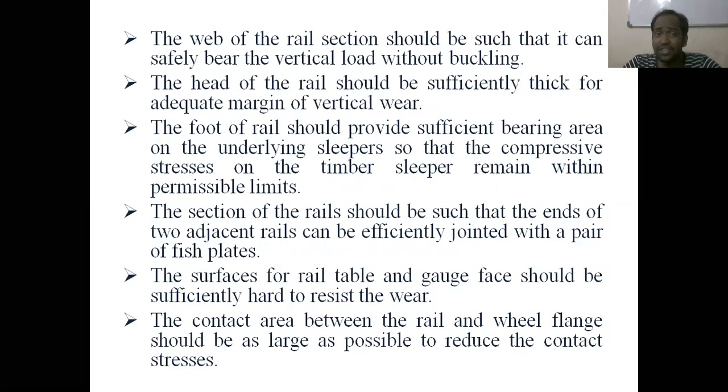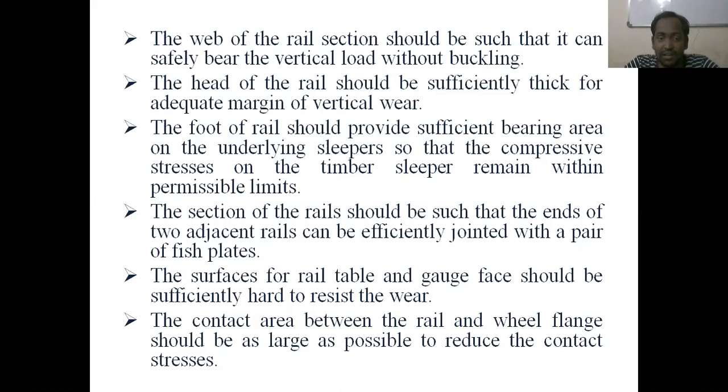The web of the rail section should be such that it can safely bear the vertical load without buckling. The head of the rail should be sufficiently thick for adequate margin of vertical wear. The foot of the rail should provide sufficient bearing area on the underlying sleepers so that the compressive stresses on the timber sleeper remain within permissible limits.